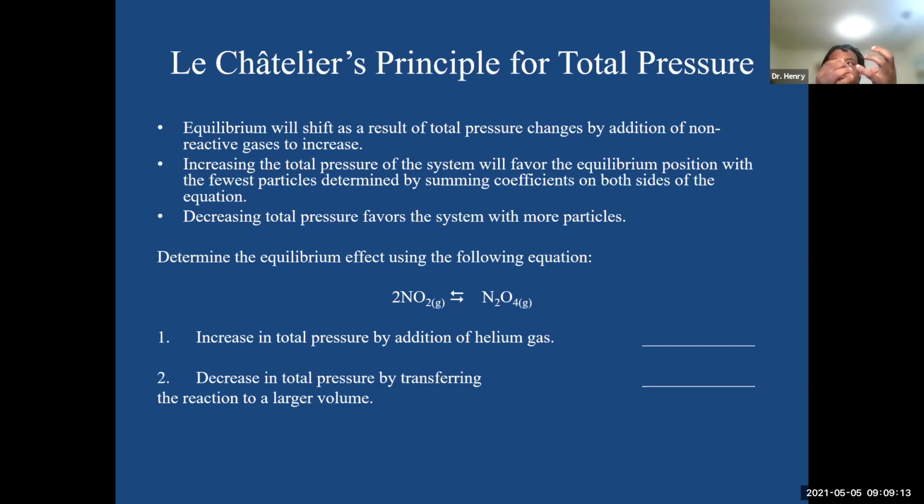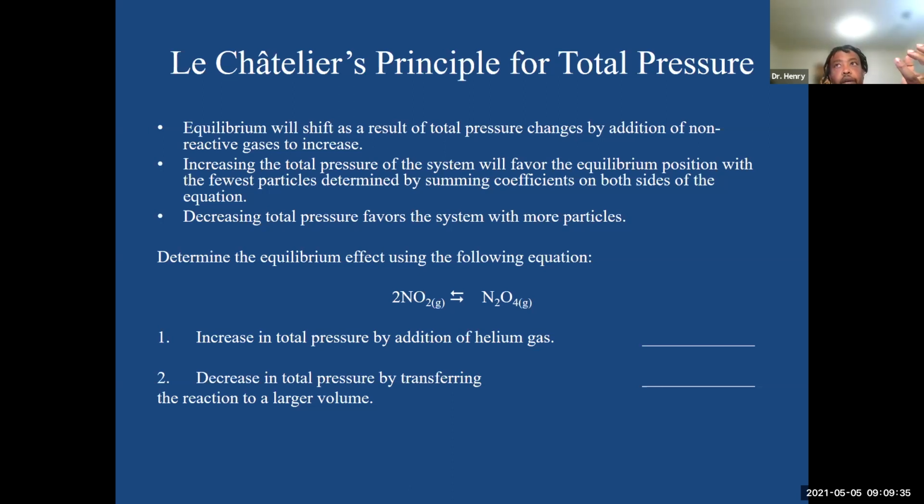The equilibrium is gonna shift to try to compensate. If you get an increase in total pressure, it's going to push it to the one that has the fewer molecules. If you get a reduction in the total pressure, it's going to push it to the one that has more molecules.